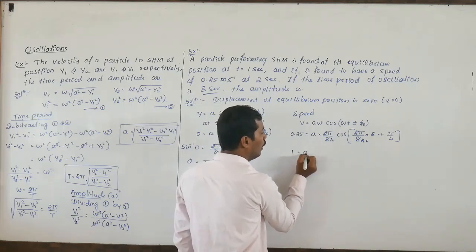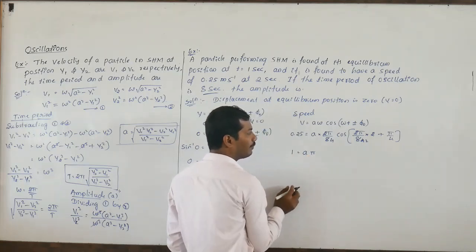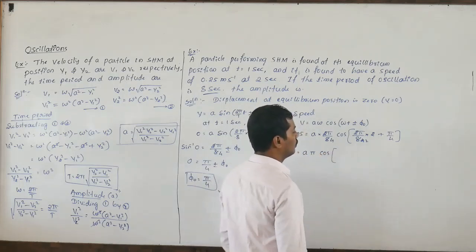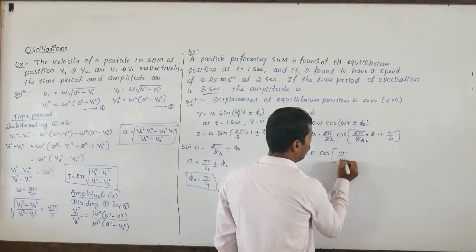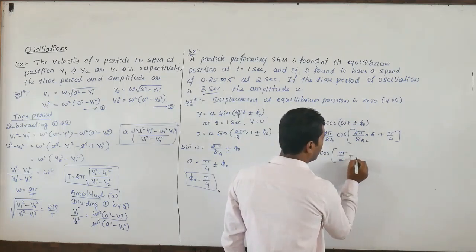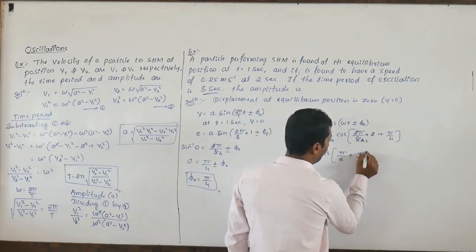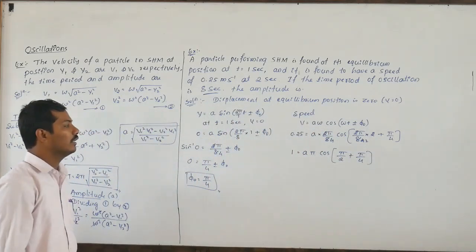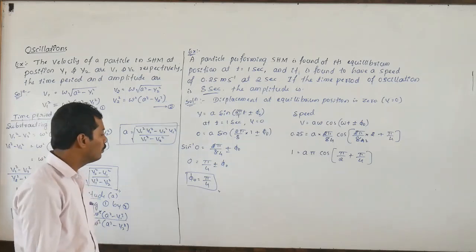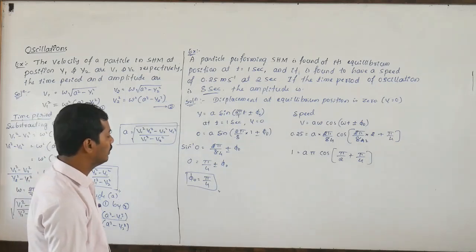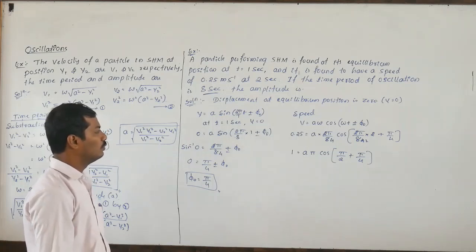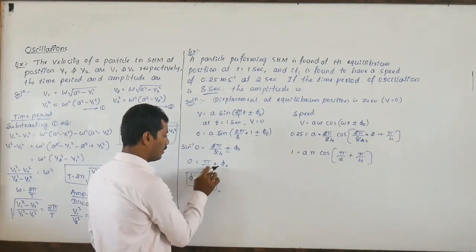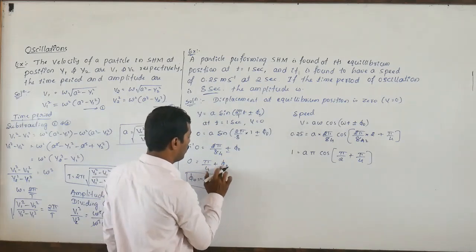4 becomes the numerator of the LHS. 4 into 2, 0.25 is 1. It is equal to A into pi into cos of pi by 2 plus pi by 4. Again, 2 and 4, it is pi by 2, I think plus, isn't it? So, okay, you can take minus here, don't take this.